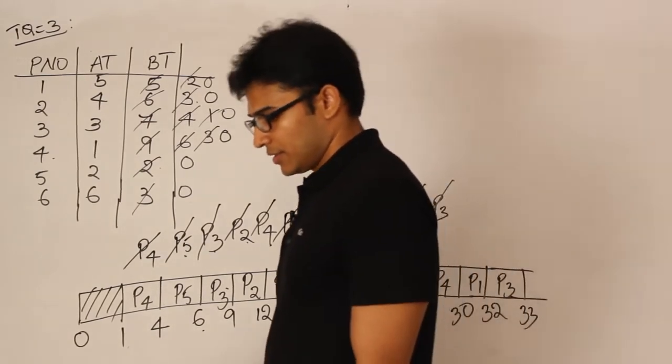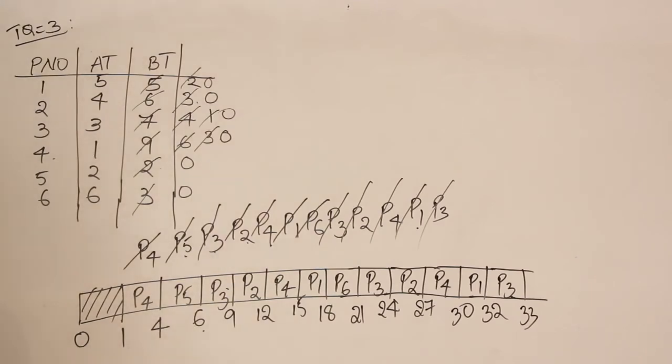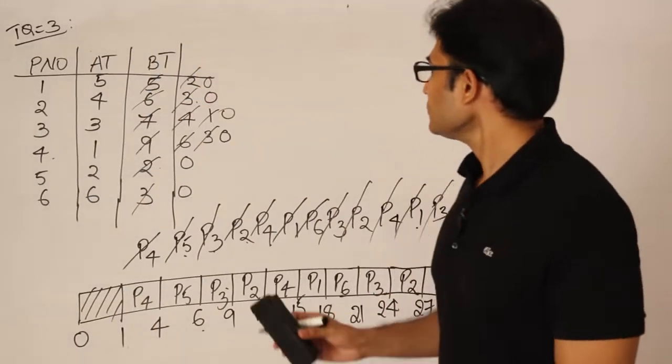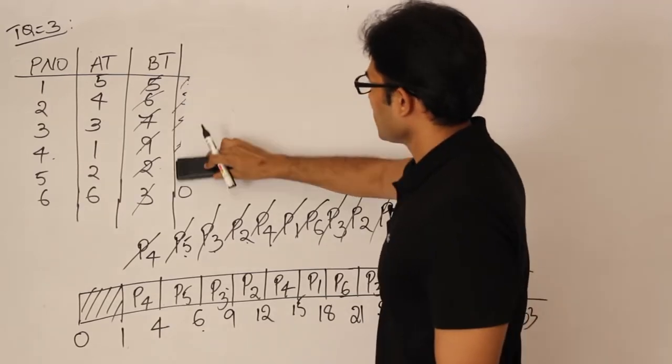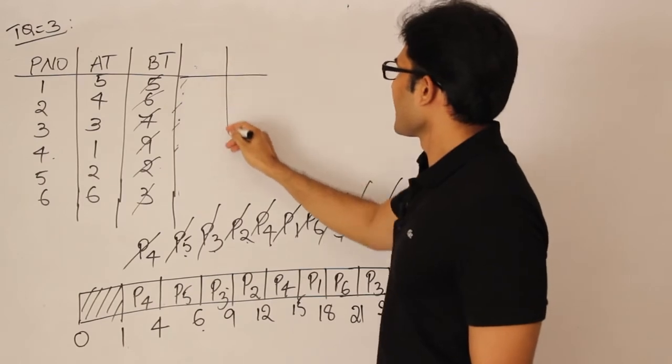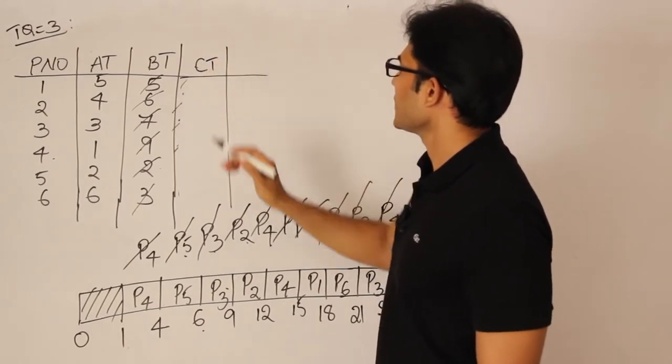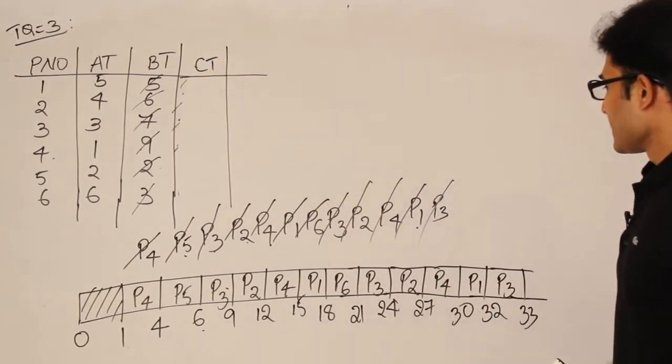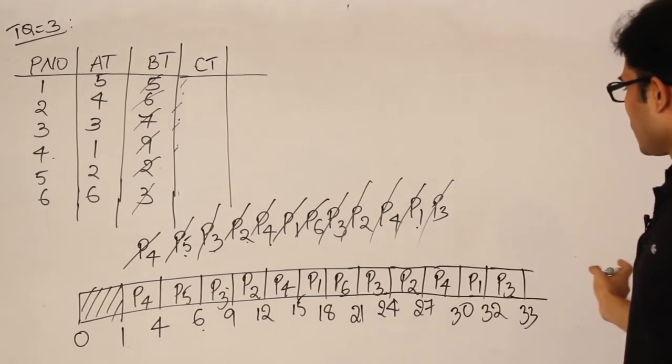And now let's see completion time, turnaround time and waiting time, all these times. So first one is, let's talk about the completion time. At what time they got completed? Completion time, right? So come from the ending.